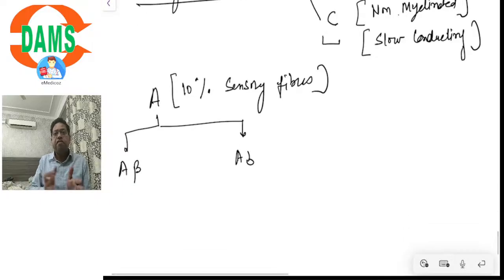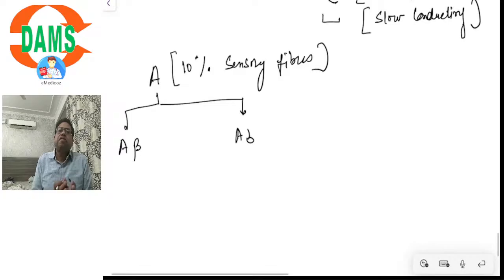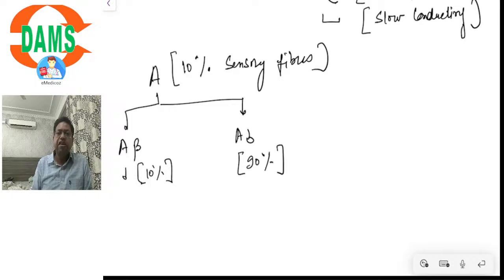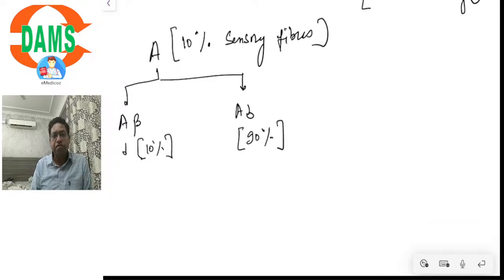We are talking about sensory fibers, which carry sensations from the pulp to the brain so that the person perceives them and there is an appropriate reaction to the stimulus. A beta fibers constitute just 10% of the A fibers, and the majority, that is 90% of the A fibers, are A delta fibers.